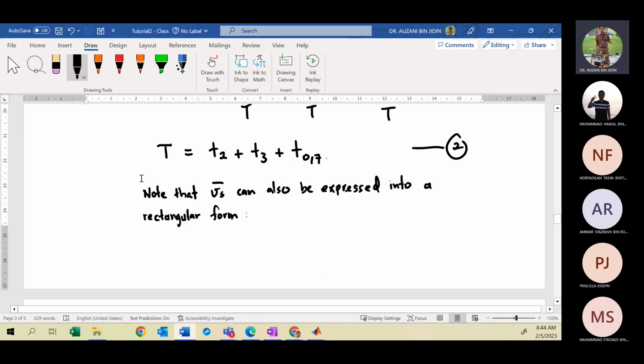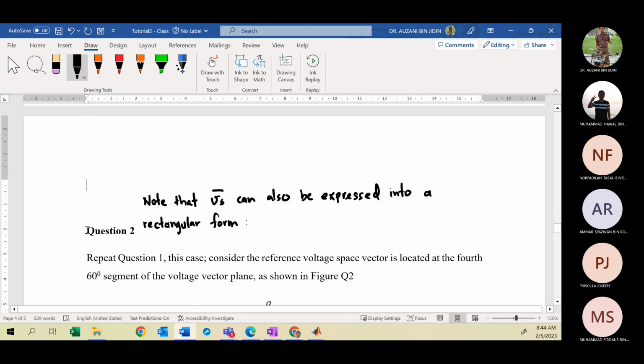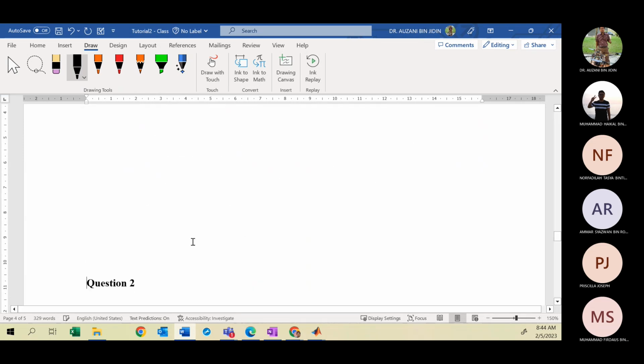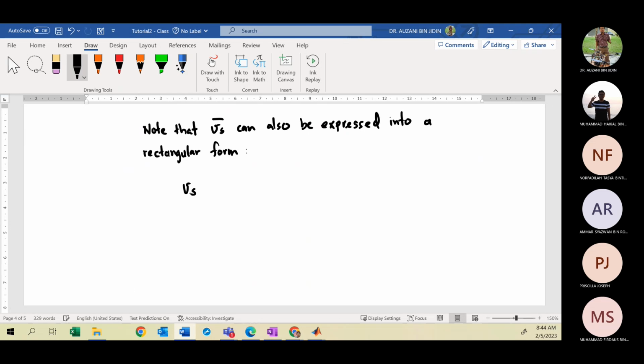Maybe I need to bring this sentence down here. So your Vs, you can rewrite as that we have discussed before previously, V alpha plus J V beta.